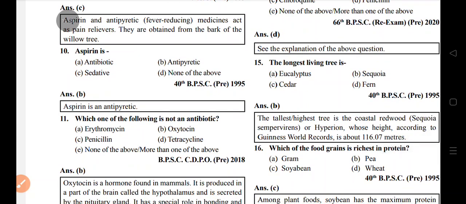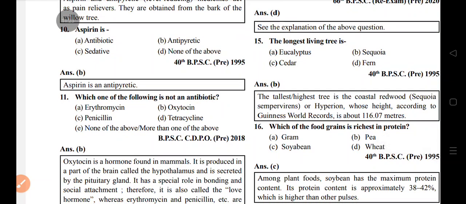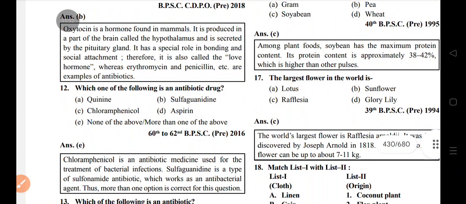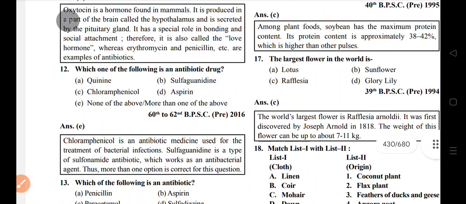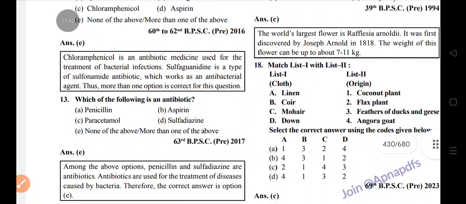Which one is not an antibiotic? Oxytocin. Oxytocin is a hormone found in mammals. Which one of the following is an antibiotic drug? Chloramphenicol is an antibiotic. Which of the following is an antibiotic?